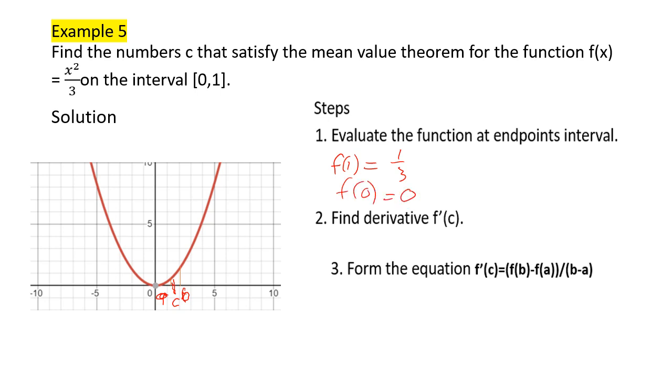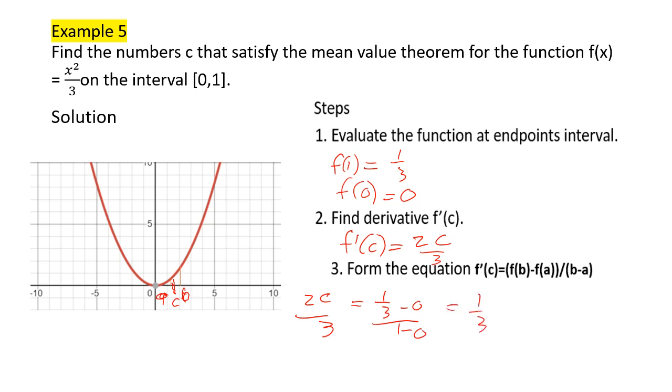The derivative, f prime of c, equals 2c all over 3. So form an equation: 2c over 3 equals (1/3 minus 0) over (1 minus 0), which equals 1/3.